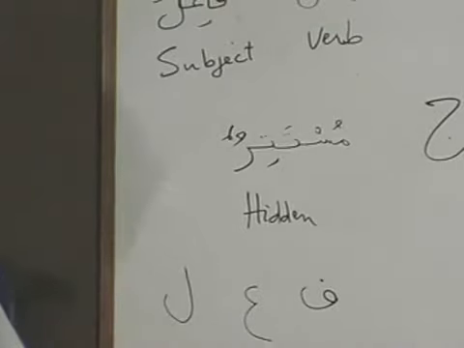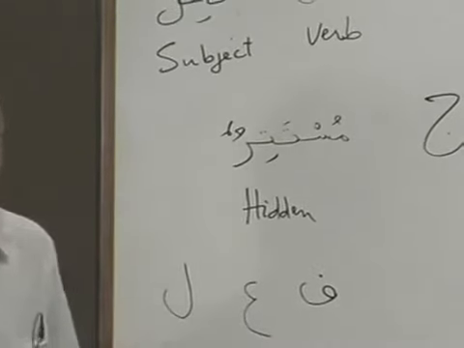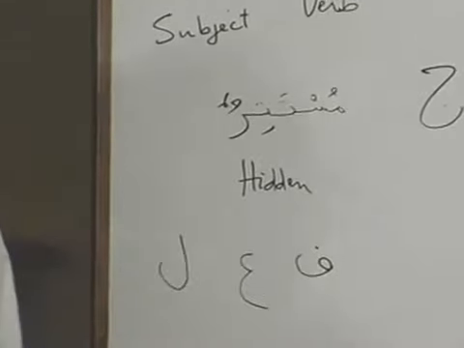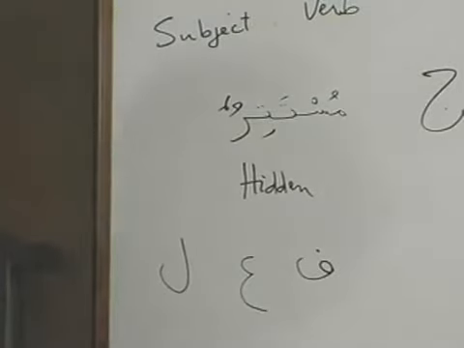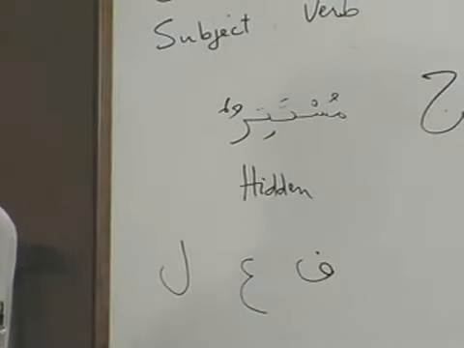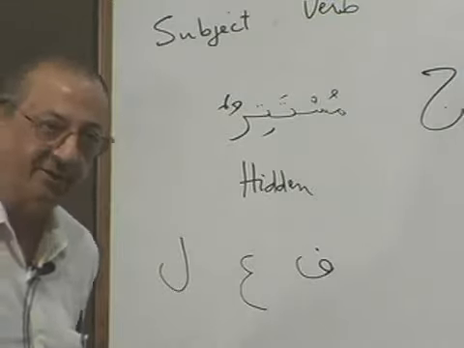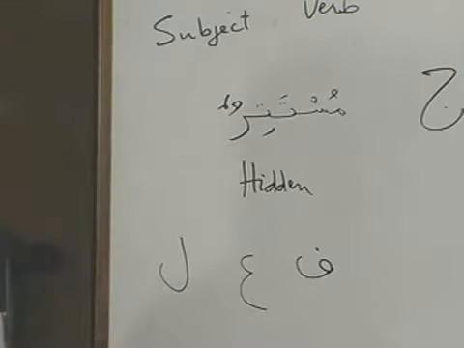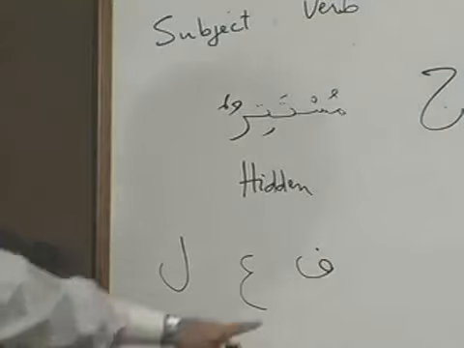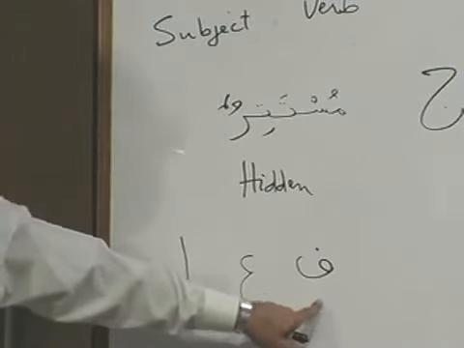So 3 letters. Take any verb. It will be fa kalima, ain kalima and lam kalima. Brother Hassan, but because we live in a society which speaks English all the time, and then we have to teach our children these things, we can also refer to them in the English language. What is this called in English?